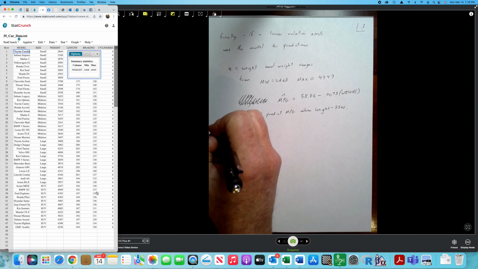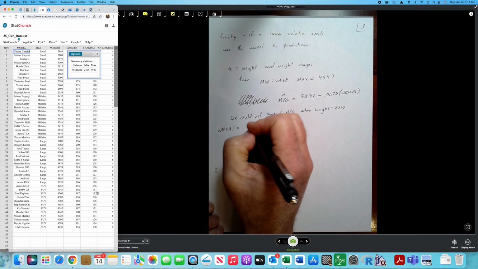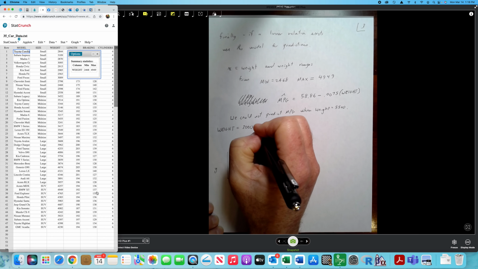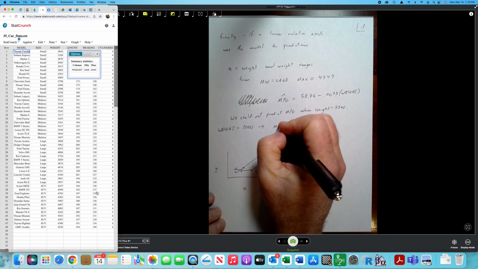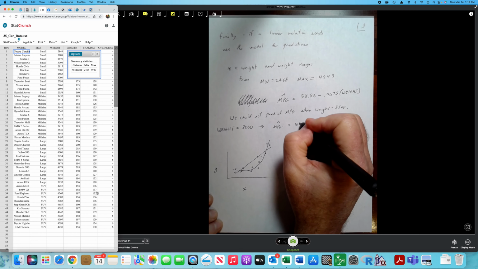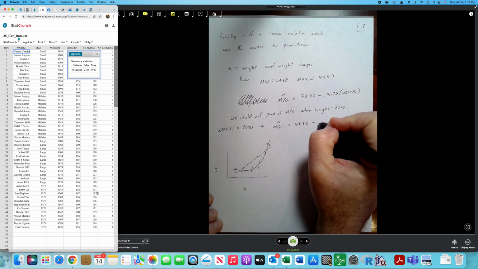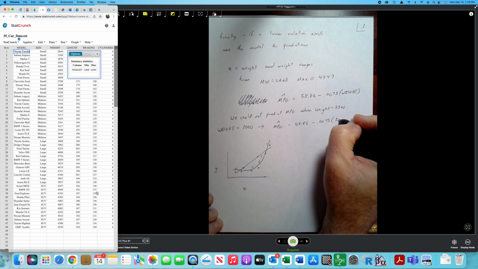Now, if the weight, for example, is say 3,000 pounds, then we can proceed, right? So the miles per gallon that we would predict would be 58.86 minus 0.0075 times 3,000.